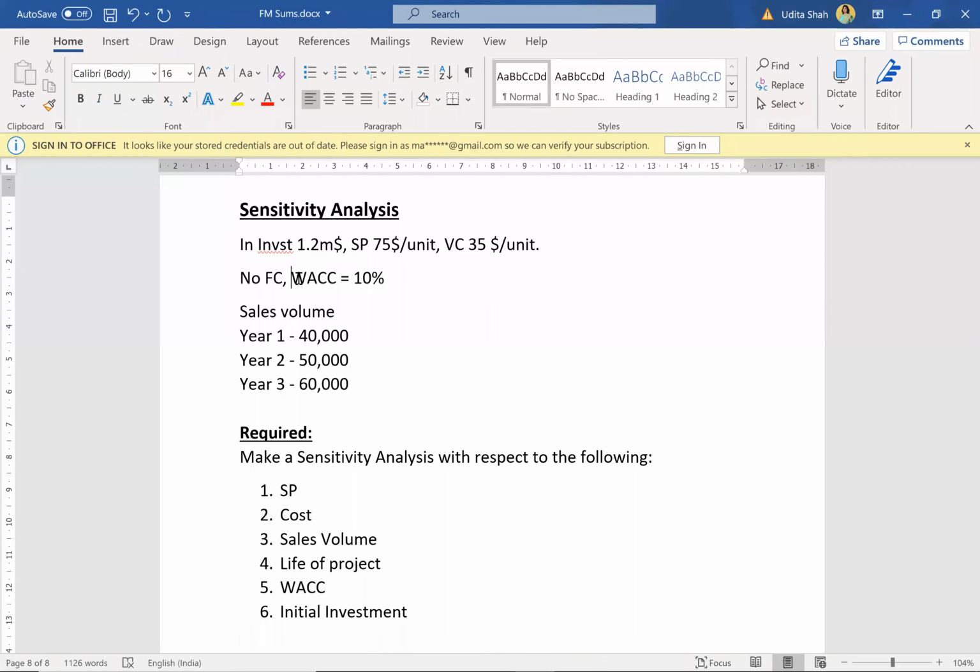Make a sensitivity analysis with respect to the following: selling price per unit, cost per unit, sales volume, life of the project, WACC, and initial investment.